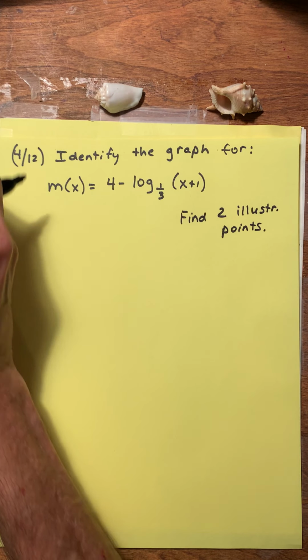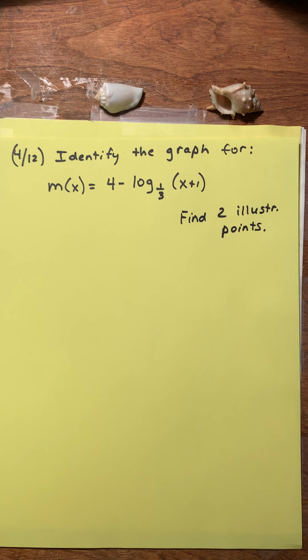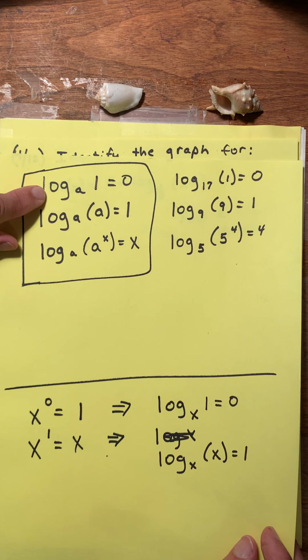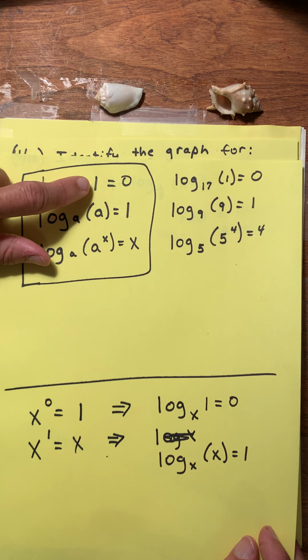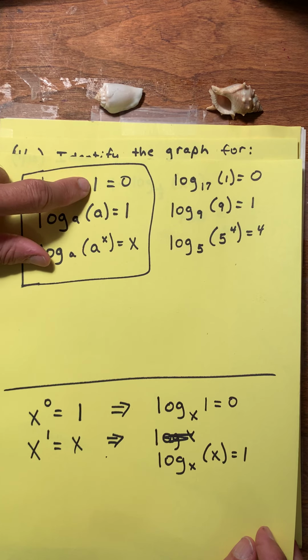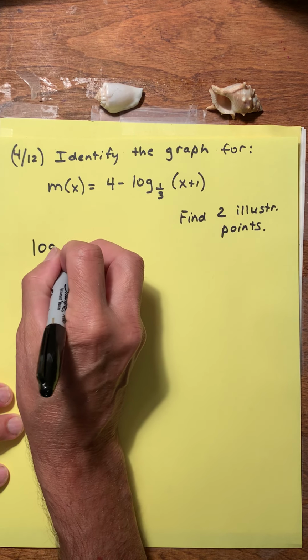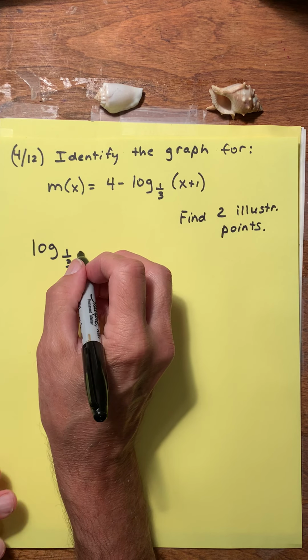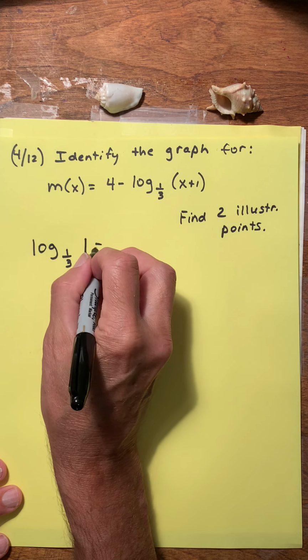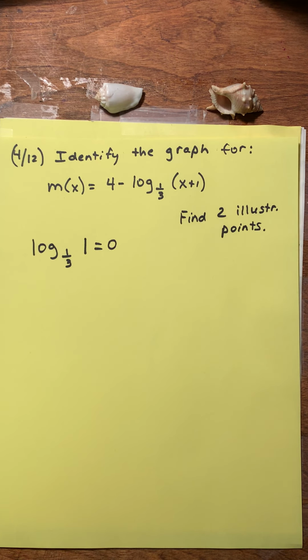Here's 2 things I know. I know that log base 1/3 of 1, log base anything of 1, is 0. So I know that log base 1/3 of 1 is going to be 0.